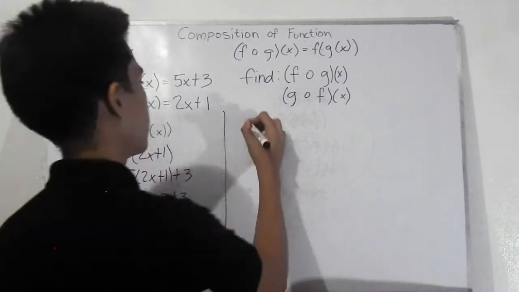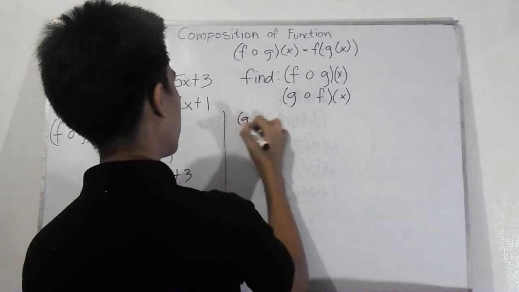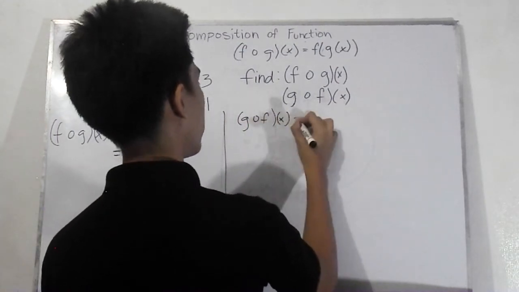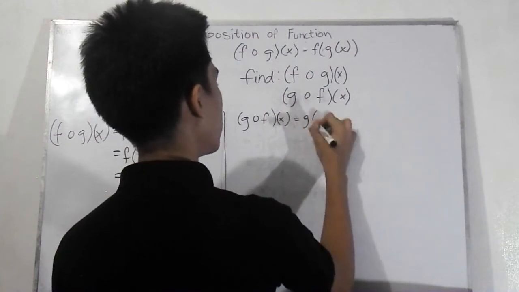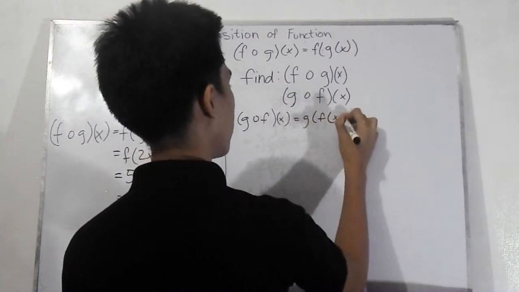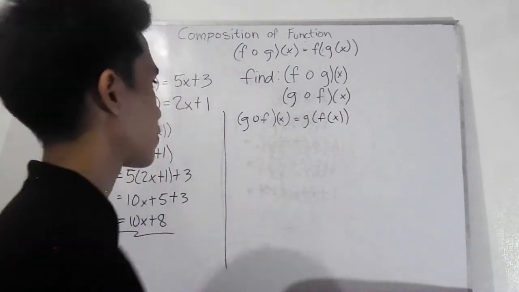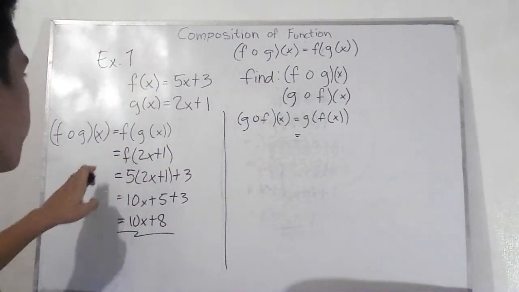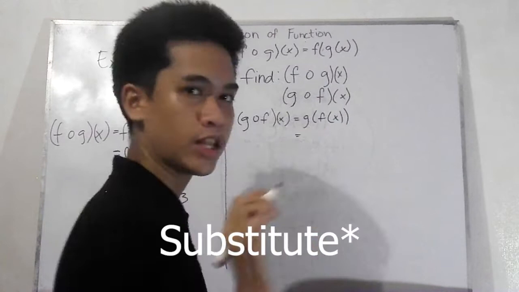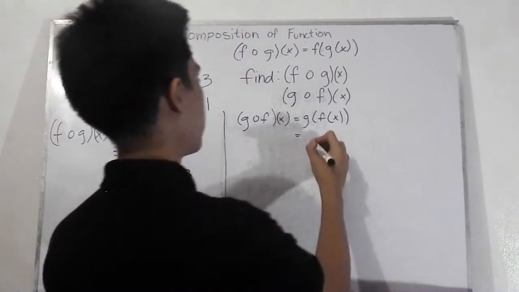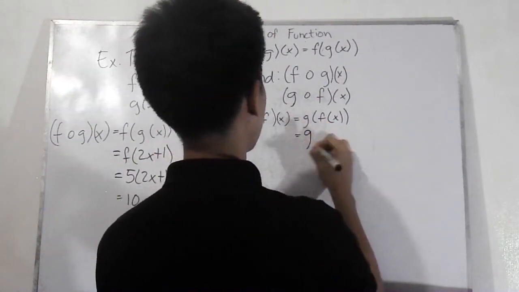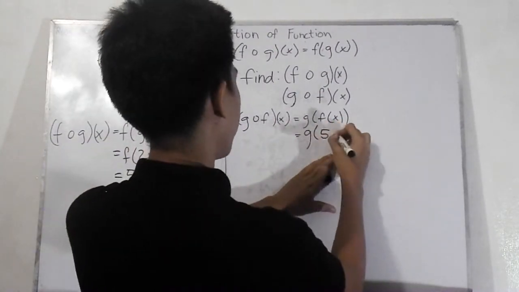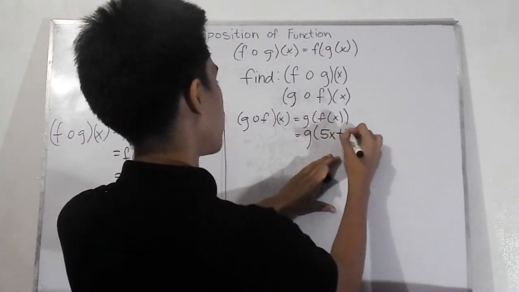Next, g composition of f of x is equal to g of f of x. Same procedure. Find the value of f of x. So g of 5x plus 3.